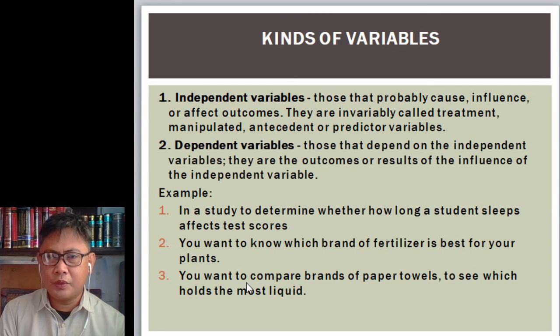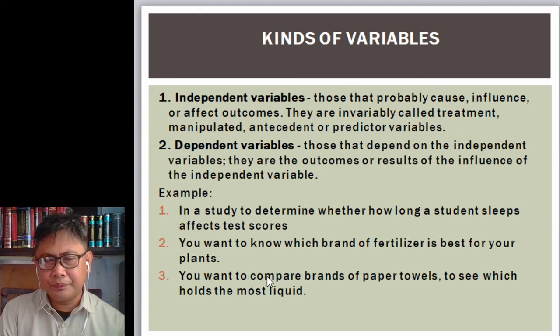And the second one, you want to know which brand of fertilizers is best for your plants. The independent variable is the brand of fertilizers, and the dependent variable is the health of the plants, which affects the height, the amount and size of flowers and fruit, as well as the color.